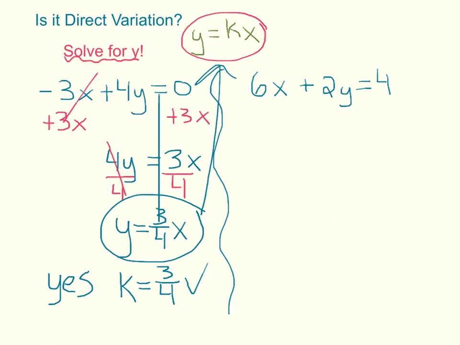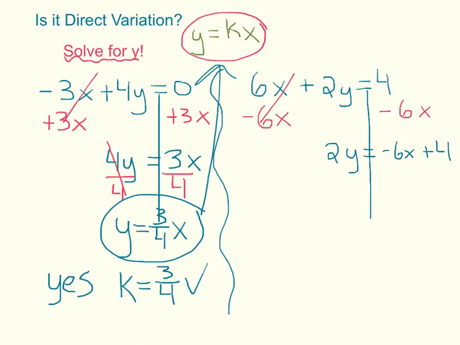Okay, let's now work with this second equation. Let's solve for y. Same idea, we're going to subtract 6x on both sides. I'm left with 2y equals, you could think of it as negative 6x and then plus 4. Now we have to divide by 2, which means divide everything by 2.